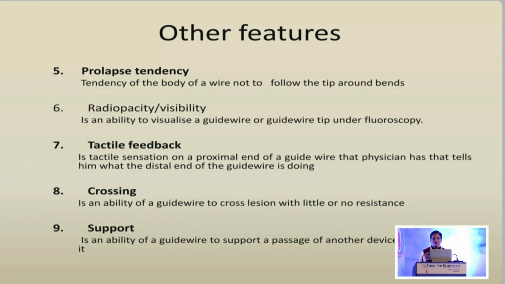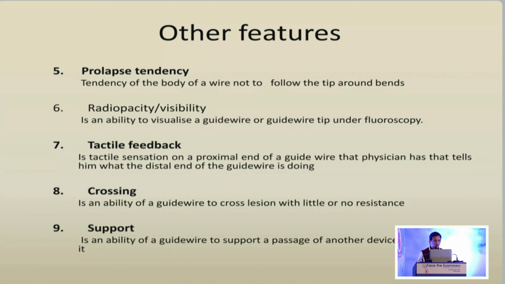If you really do a few thousand angioplasties, you can feel whether you are inside the artery, touching a wall, or somewhere out of it. So tactile feedback is also one of the important factors and characters of the wire. There are components which play a part in tactile feedback actually.